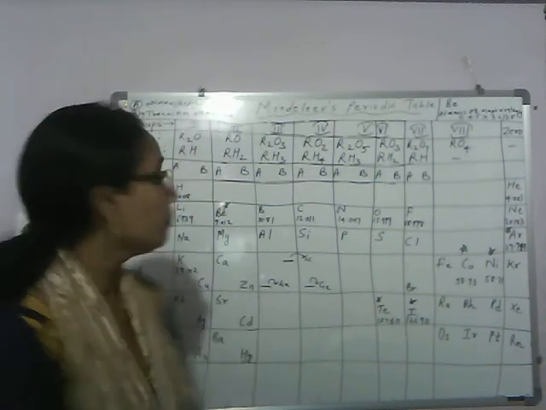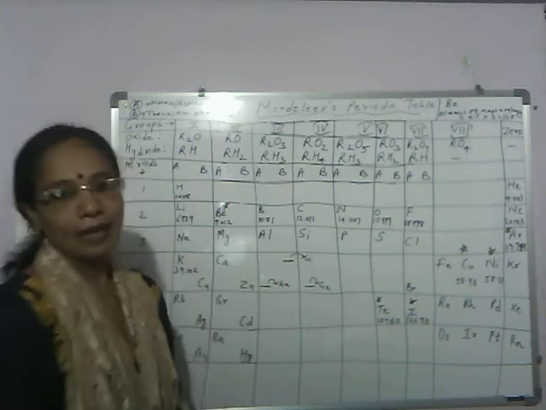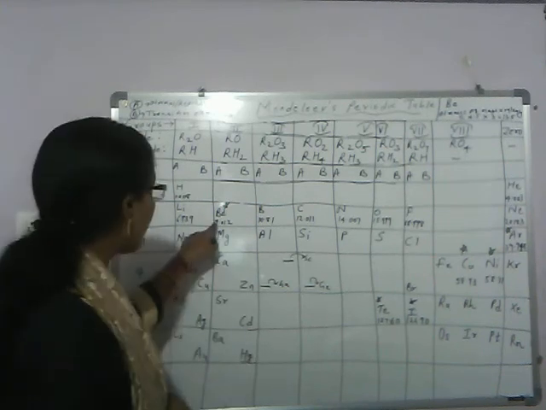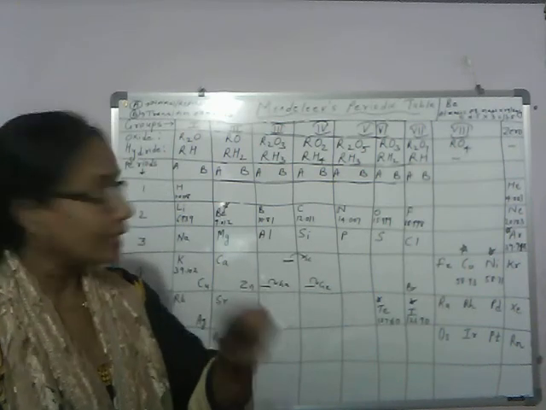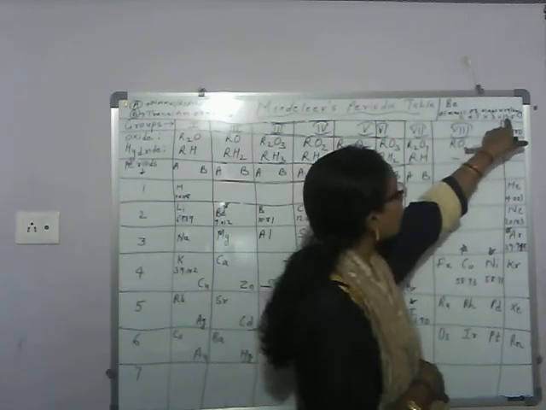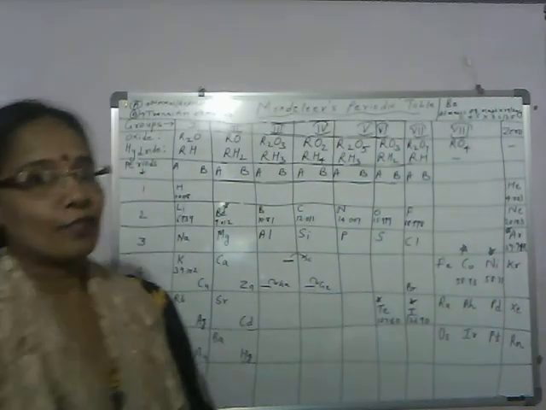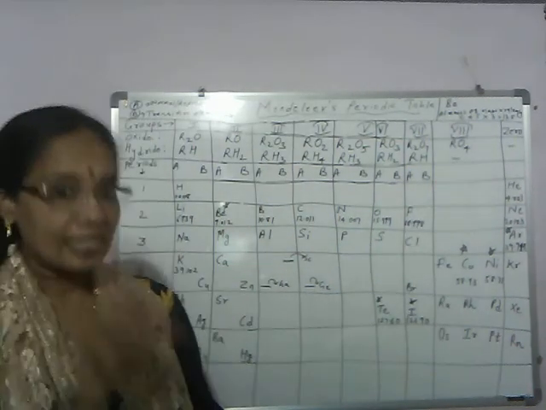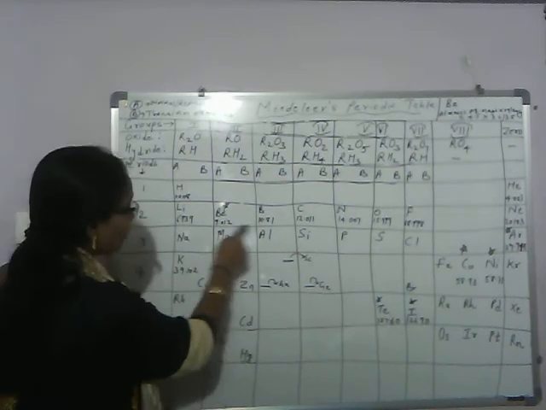For example, the atomic mass assigned to beryllium was not 9.012. The atomic mass assigned to beryllium was 13.5, and it was a doubtful atomic mass. If beryllium's atomic mass is 13.5, where should it be placed?